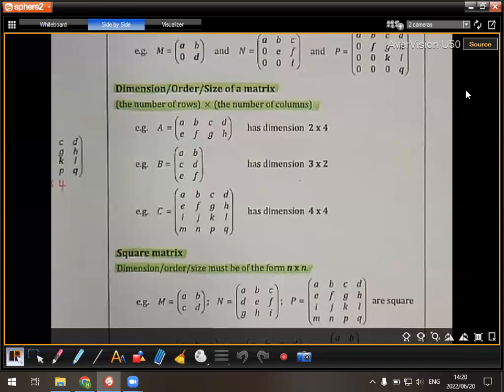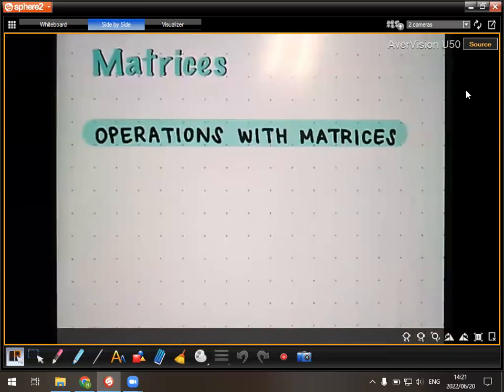And on Friday we're just doing multiplying matrices, and that's it. Operations with matrices is what you're writing down, please.